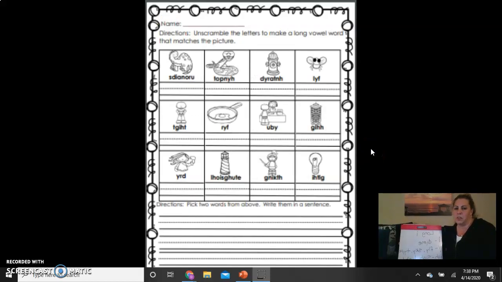And in this activity, you're going to do an unscramble. So the directions tell us to unscramble the letters to make a long vowel word that matches the picture. And all of these words have the long I sound in them. So let's take a look at this one. I can tell in the picture it's a fire hydrant.